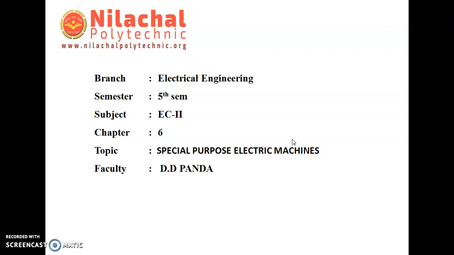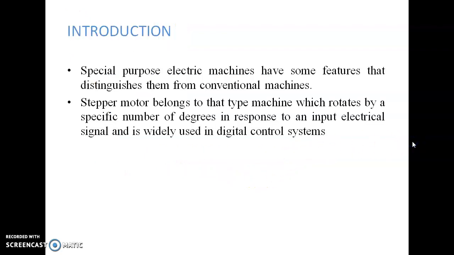We will start chapter 6 now and the topic is Special Purpose Electric Machines. So first of all, coming to the introduction part, special purpose electric machines have some features that distinguish them from conventional machines.